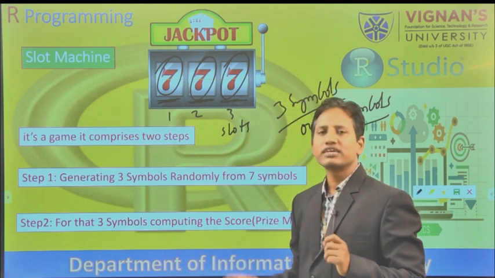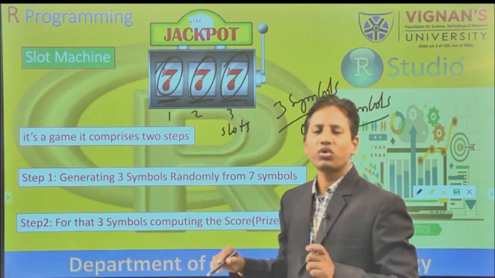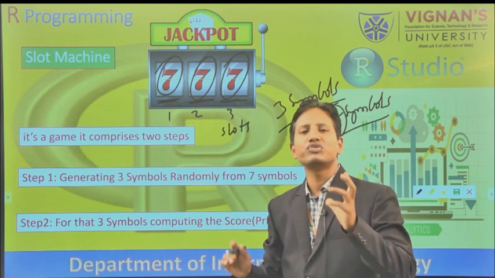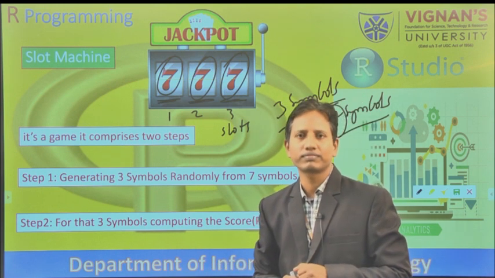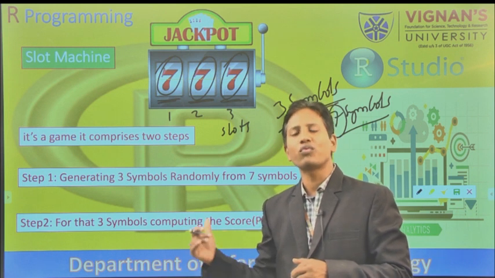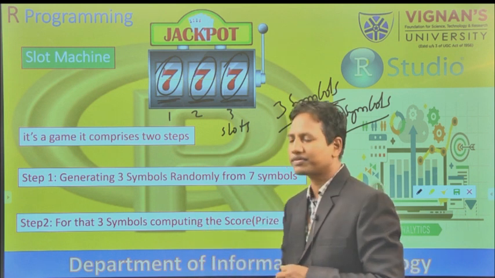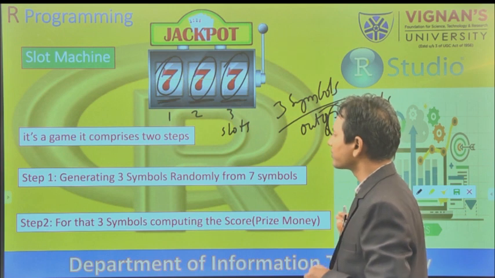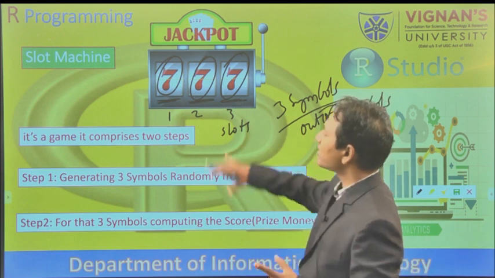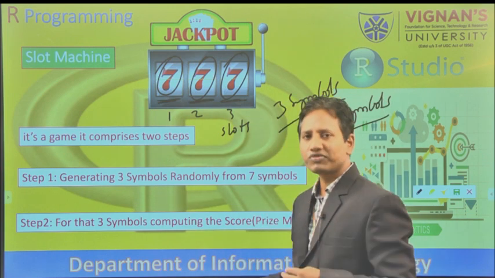Now the target is that such a slot machine we have to develop using our program. Let us see how we are going to achieve this task. This entire task is divided into two steps.